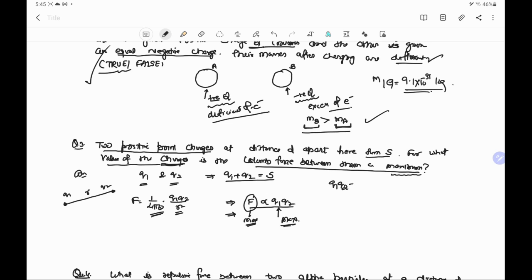Mathematically we can write Q1 Q2 equal to Q1 plus Q2 whole square, which gives Q1 square plus Q2 square plus 2 Q1 Q2, minus Q1 minus Q2 whole square. So overall this will give 4 Q1 Q2: 2 Q1 Q2 from this term and 2 Q1 Q2 from this term, since it is with a minus sign, minus minus plus.